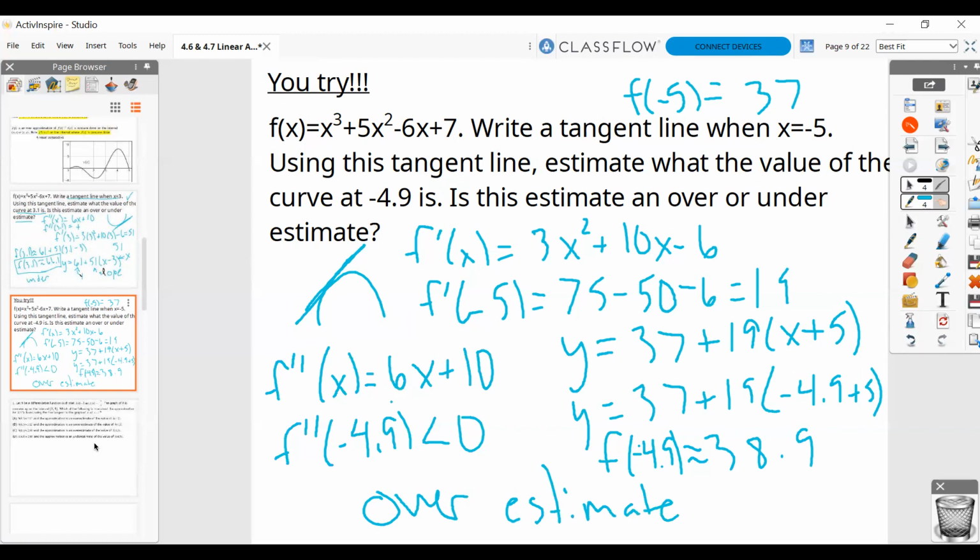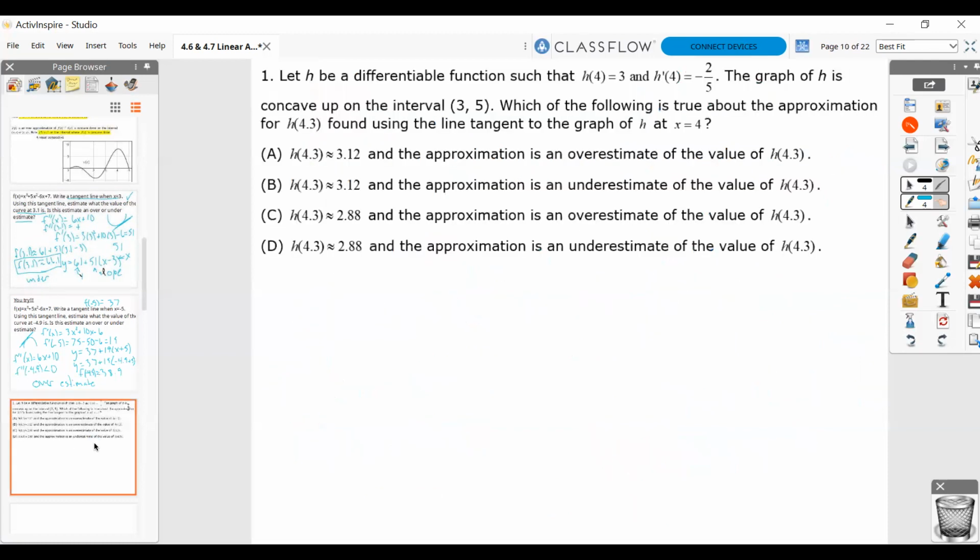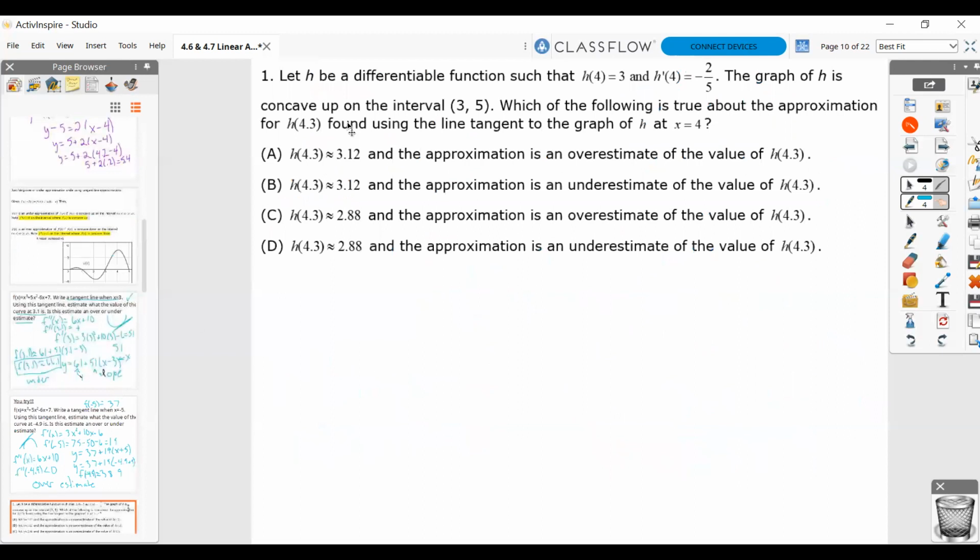All right. And then our last piece, a multiple choice question. We're told h is a differentiable function such that h of 4 equals 3, and this is our slope. The graph of h is concave up. So again, this is concave up. That means instantly our value is going to be an underestimate.